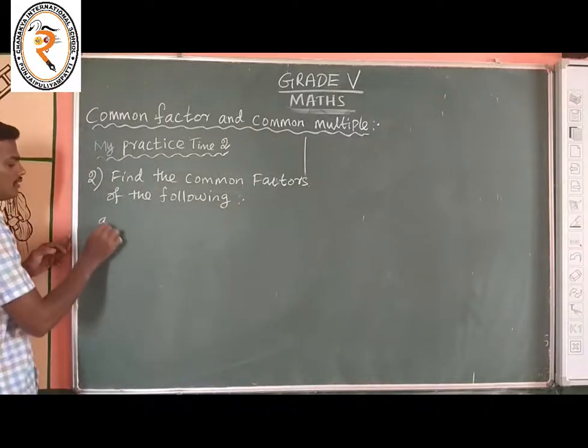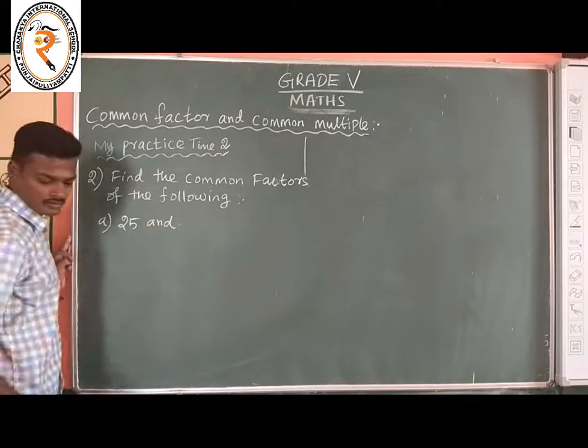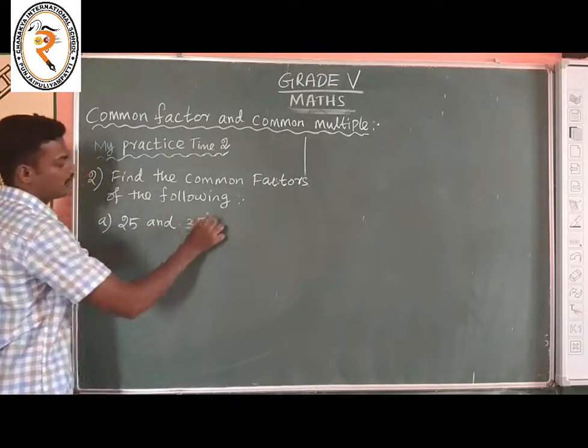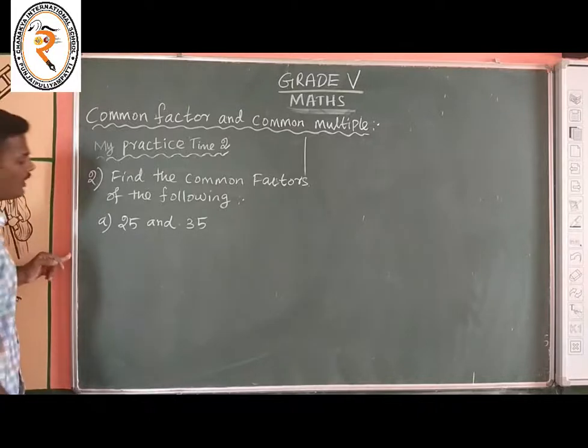First question A: 25 and 35. First, factors of 25.